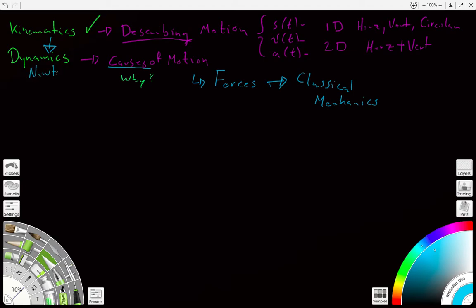Newton was the one who started working with dynamics. He was one of the first people to actually describe why things were moving the way they were moving, the causes of motion. So now let's go into a concept that has a lot to do with dynamics: the concept of a force.